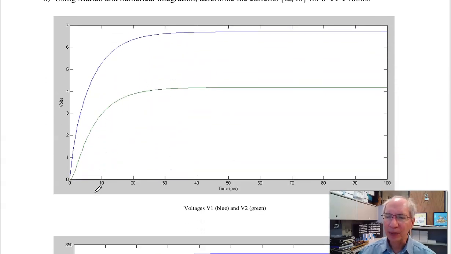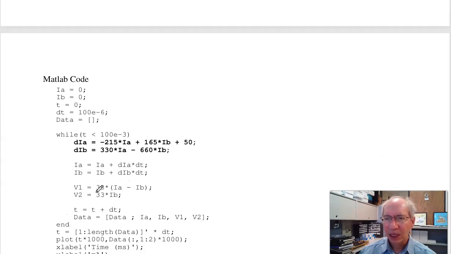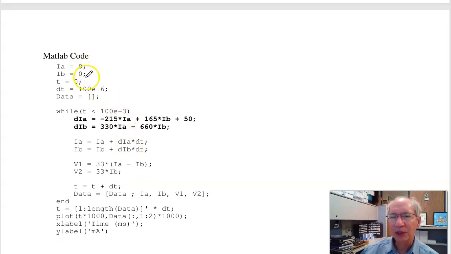I can use MATLAB, kind of similar. In MATLAB, I start out with zero current. Again, for a step input, the voltage is 0. Therefore, the currents are 0.